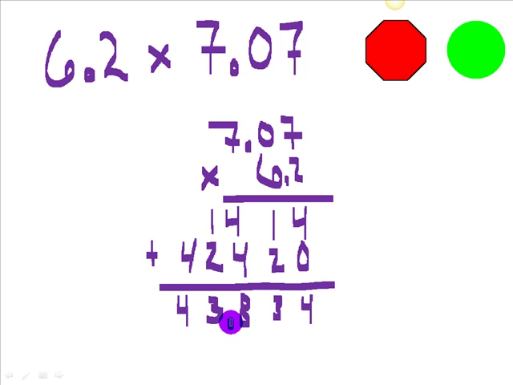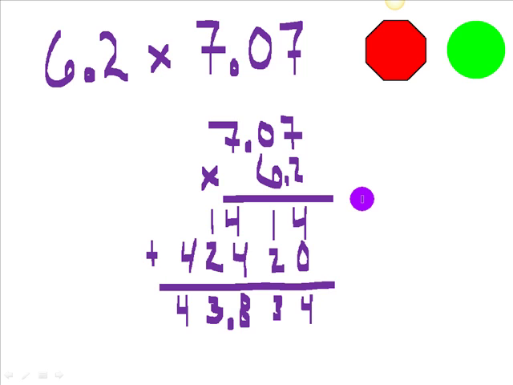And my answer is 43.834. Well, let's see if that makes any sense. If I was just dealing with 6 times 7, then 6 times 7 would be 42. However, I'm dealing with a number slightly larger than 7 and slightly larger than 6, so my answer should be a little larger than 42, and 43.834 is.